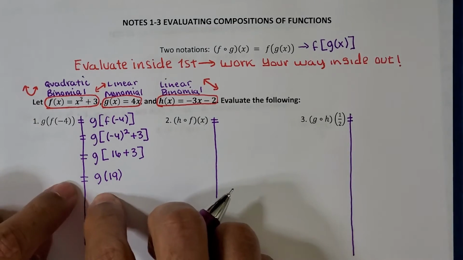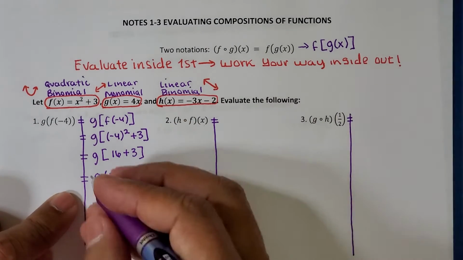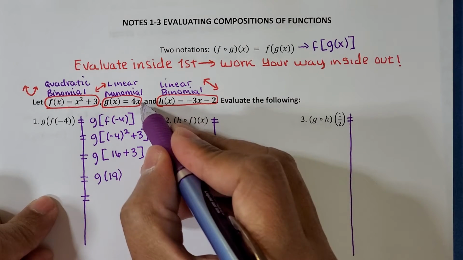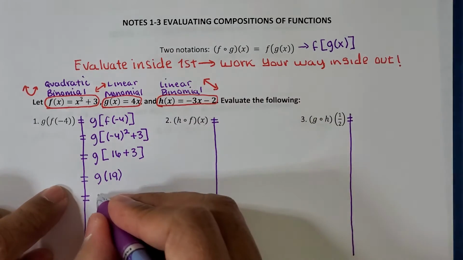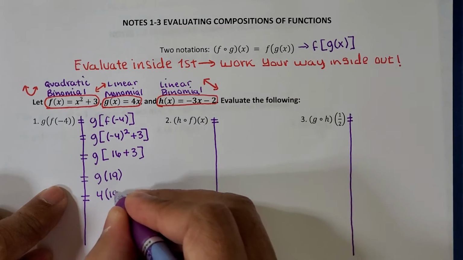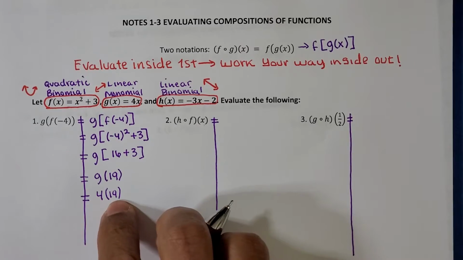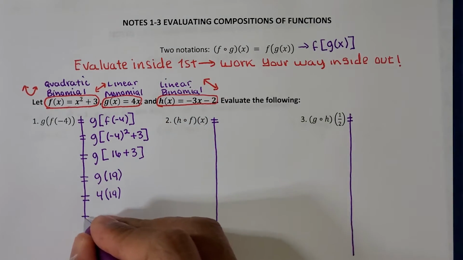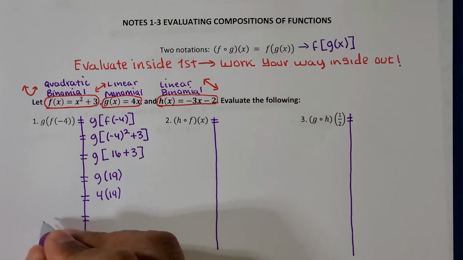And now I'm going to apply this to the g function. So notice, now I'm going to look at the g function. The g function is 4 times x. So that means that I'm going to take this 4 and evaluate the g function at 19. So this will be 4 times 19 instead of 4x. So once I'm finished, this will be my answer.